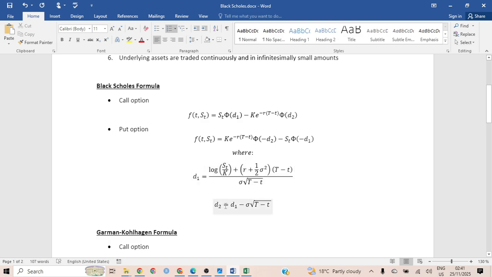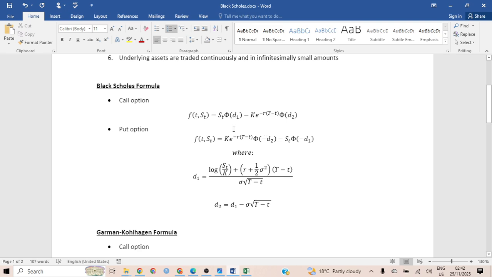D2 is given by D1 less sigma square root of the time frame. You have to cram these formulas before the exam. Even though you can find a version of this formula in the tables, I would advise that you cram it, since it will be easier to work through your questions and even faster for you during the exam.